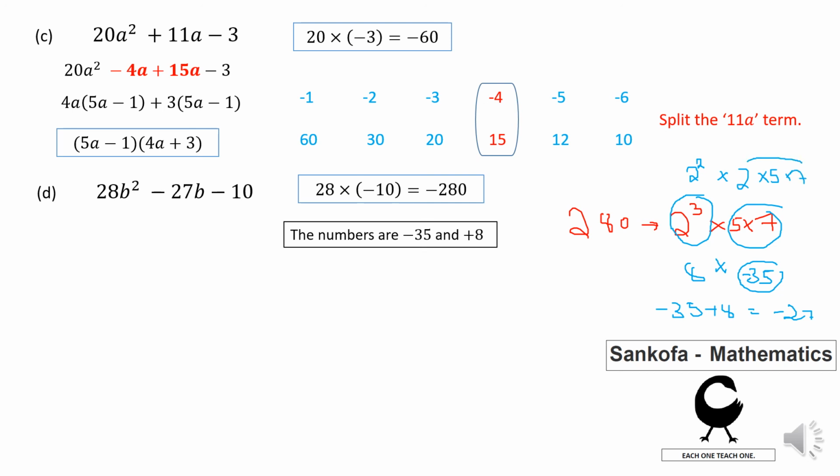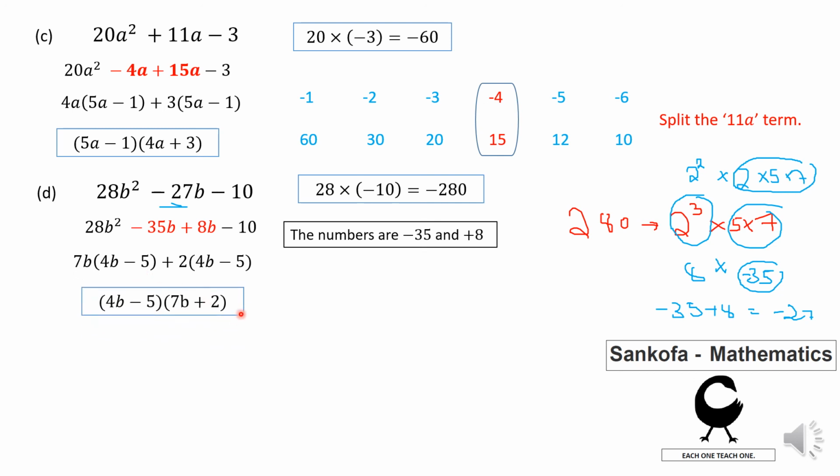So obviously here I will have maybe something like 70 times 4. Yeah, 70 times 4, and play around, see if I can get to 27. Bottom line is, you have to do the trial and error work in order for you to find those particular values. Split my middle term, and then I get a common factor of 4b minus 5, and here is my answer then, completed.